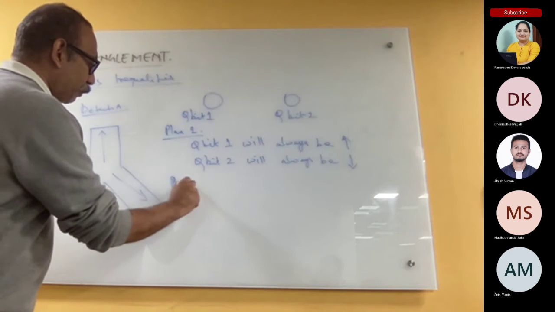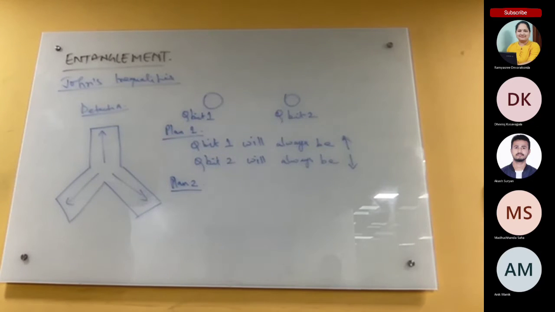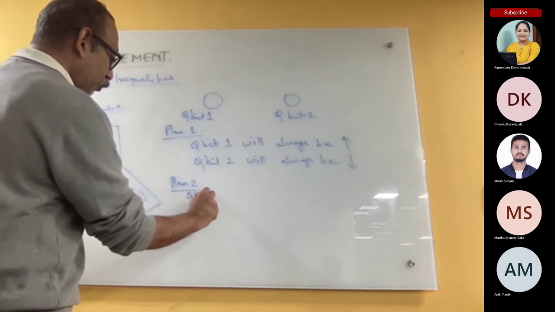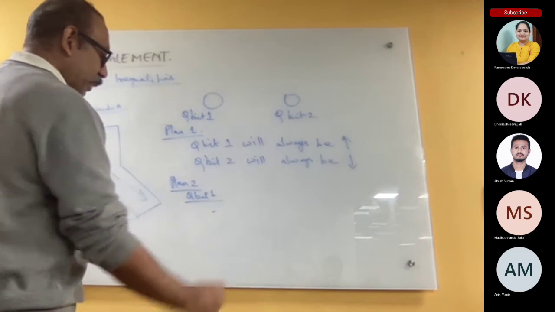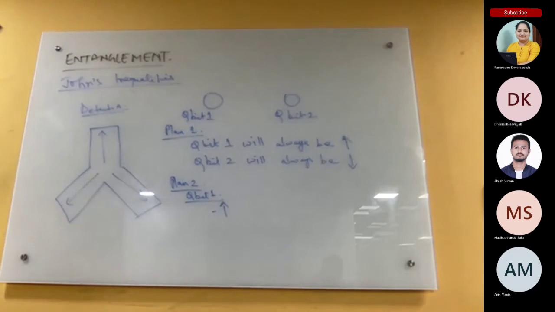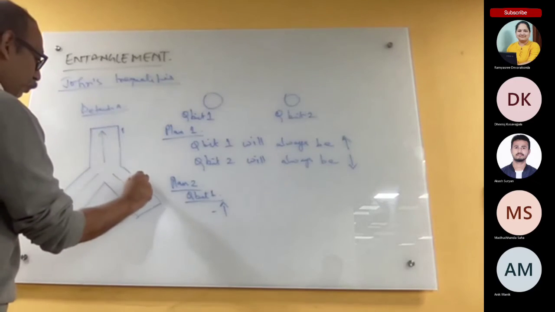There can be another plan. Plan 2, this can be a little bit more, but let's say for qubit 1, it may say I will be up. Maybe let us call these directions 1, 2, 3.